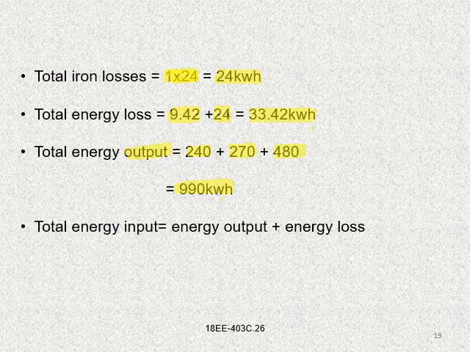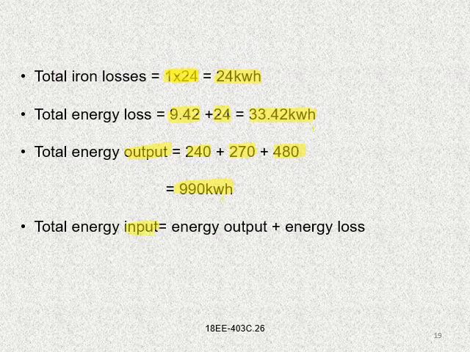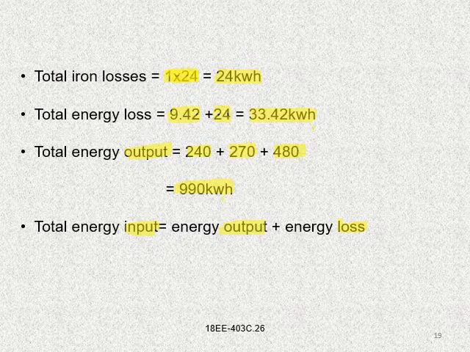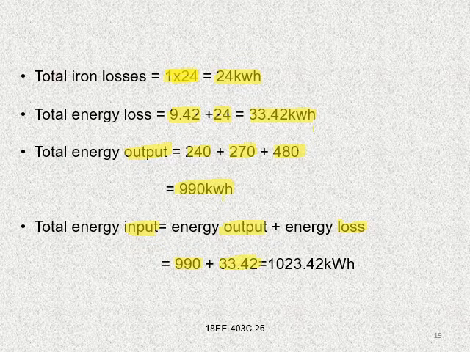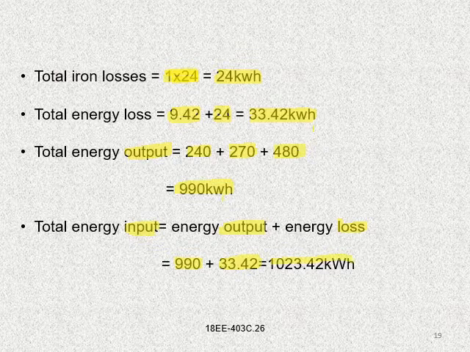We will simply find the total energy input, which is the energy output plus the energy losses. Energy output is 990 plus 33.42, which is 1023.42 kilowatt hours.